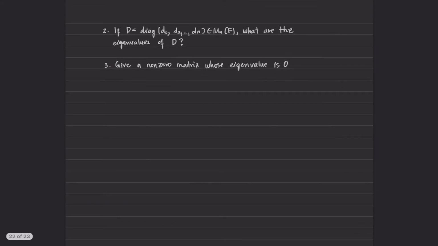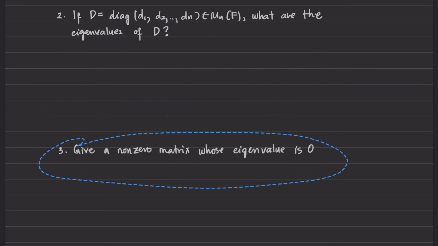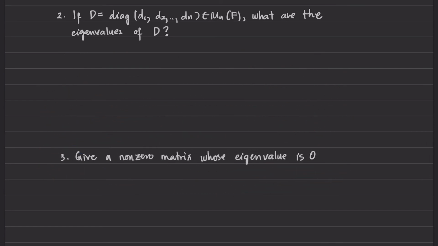So, lipat tayo sa next example natin. So, gagamitin natin yung first example to solve this one. So, if D is this diagonal matrix, whose diagonal entries are D1, D2, Dn, what are the eigenvalues of D? So, tatandaan nyo ang D, ang itsura niyan, D1, D2, kung gusto nyo mas visual kayo. 0 ito, 0 ito. Okay? So, ang diagonal matrix is an example of an upper triangular matrix.